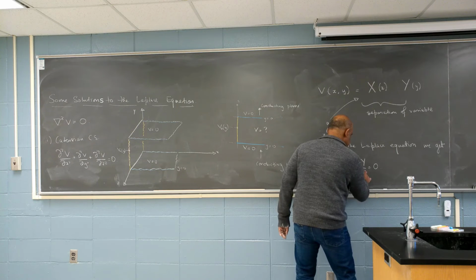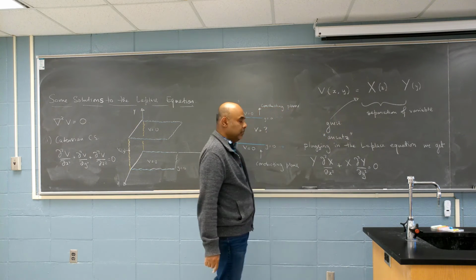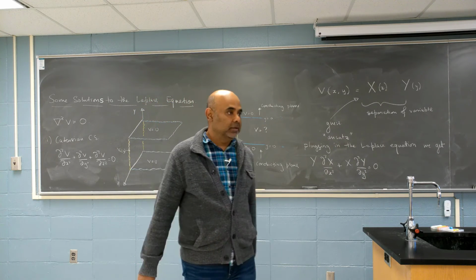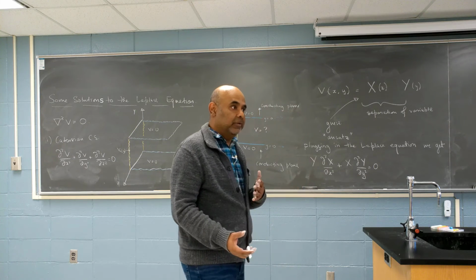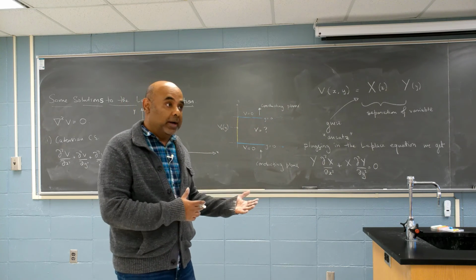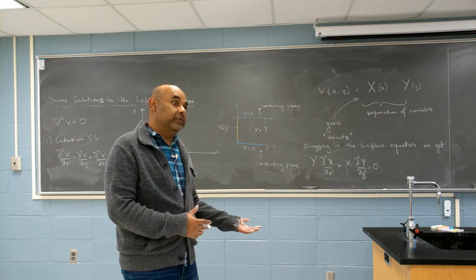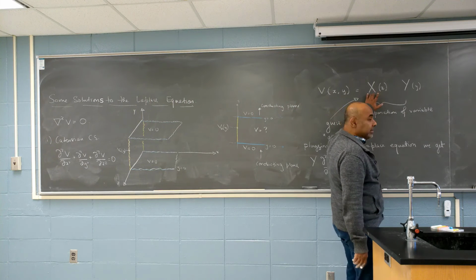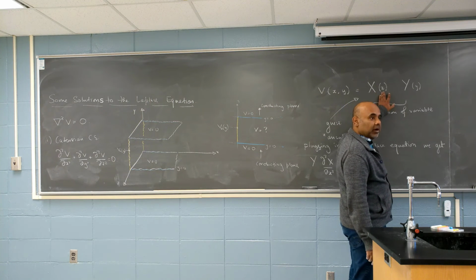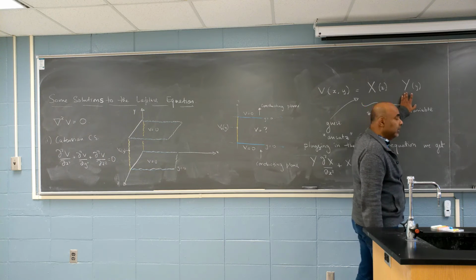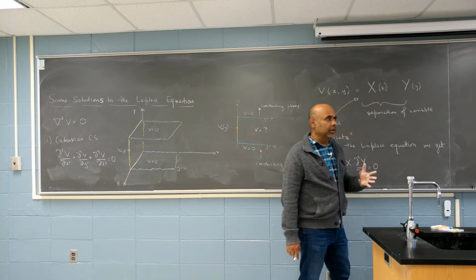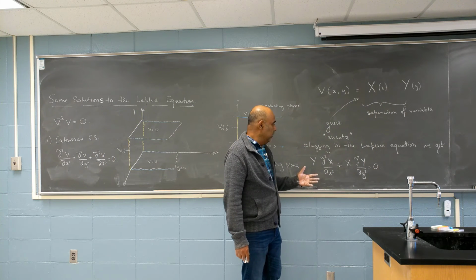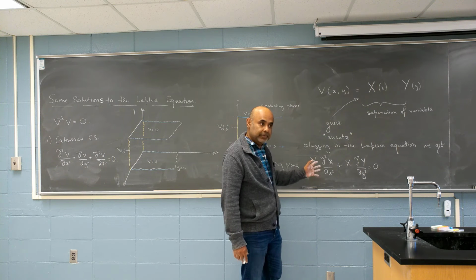Because the x derivatives do not see little y, the y derivatives do not see big X. X derivatives do not see big Y. Y derivatives do not see big X. So what I'm saying here is there's a function big X, capital X, which is a function of our coordinate variable x, and a function big Y. So this is the only conceptual part of the problem in terms of the setup. The rest follows very quickly. Is this clear?